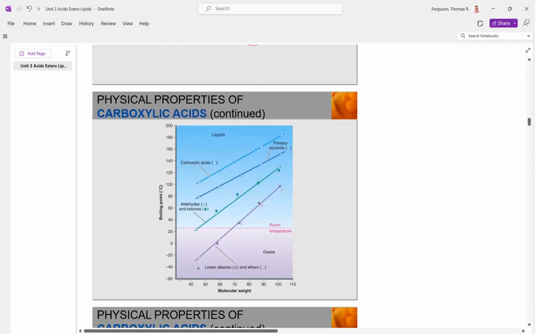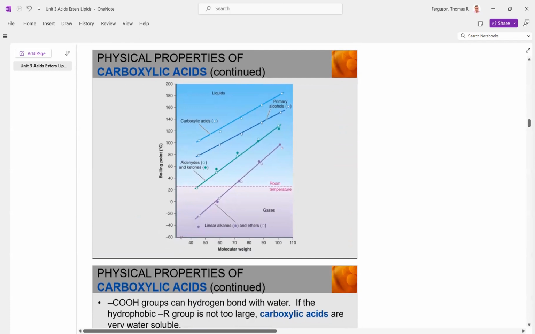If we look at a graphic representation of that, the blue line on the very top are the acids. Now, in a little while, I'm going to talk about something called an ester, and that's going to fall lower than an acid.